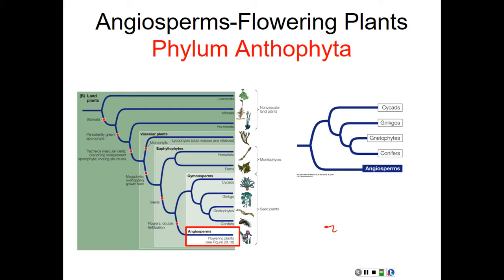It's a reference to the fact that the seeds are going to be enclosed within the fruits, and that the ovules are going to be enclosed in structures called ovaries. This is in contrast to the gymnosperms, where that word gymno meant naked because the seeds were found directly on the cone scales, not enclosed within a fruit.